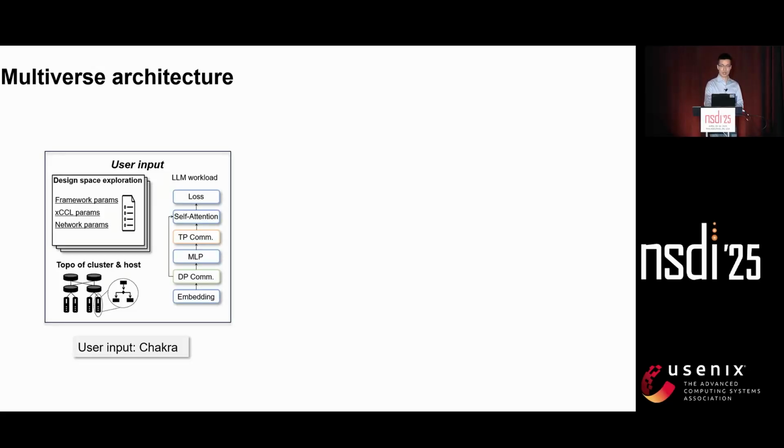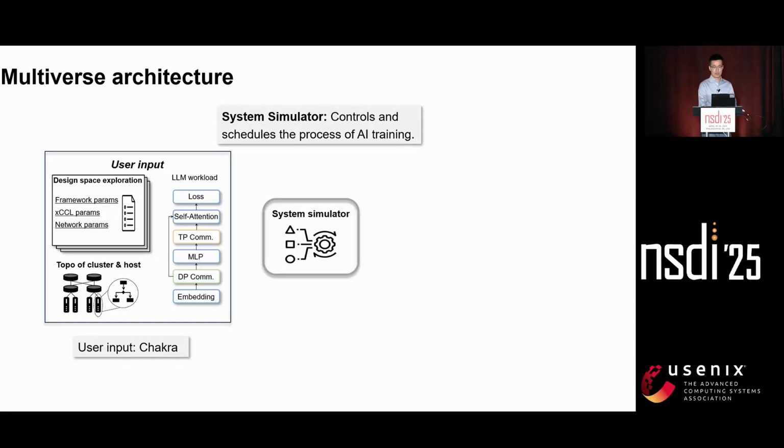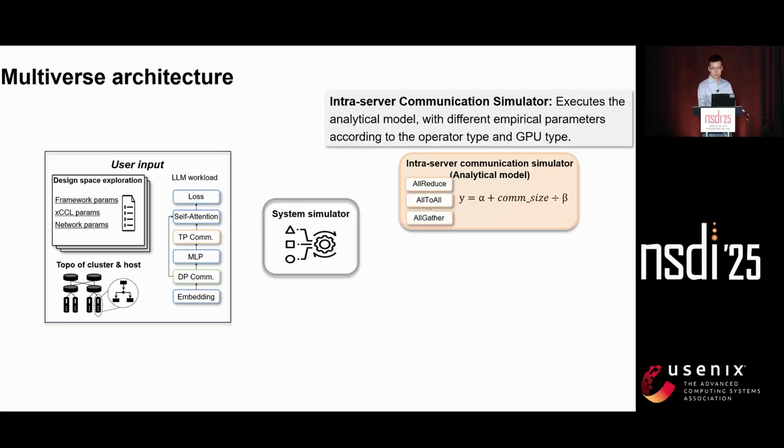The next is architecture. Multiverse is composed of 4 key components. User input supports Chakra format. The system simulator controls and schedules the process of AI training.